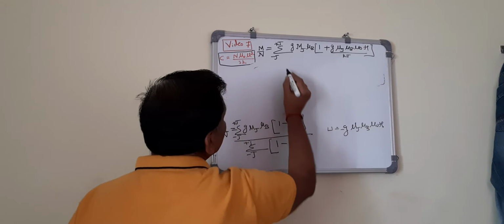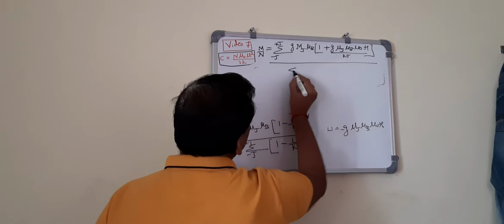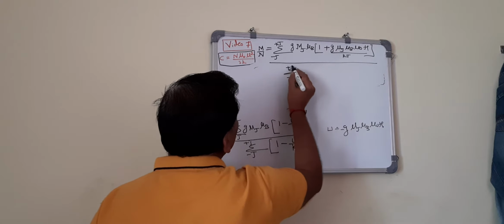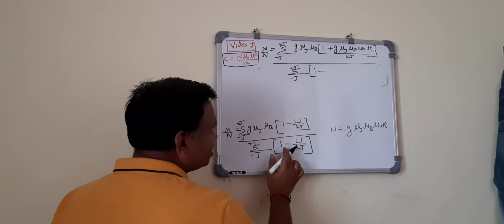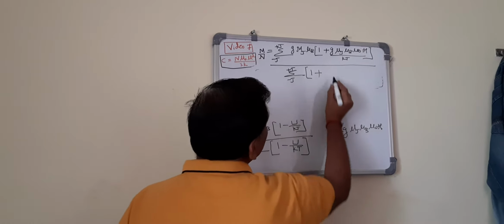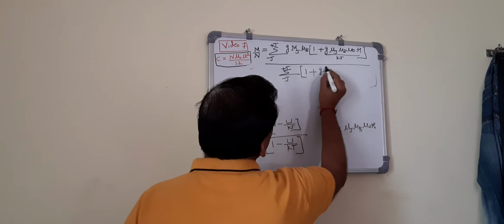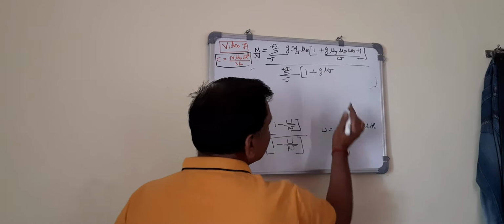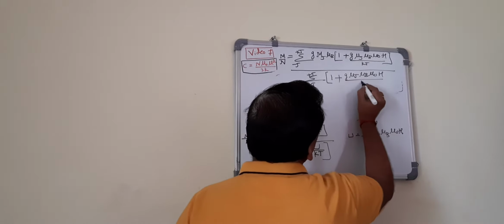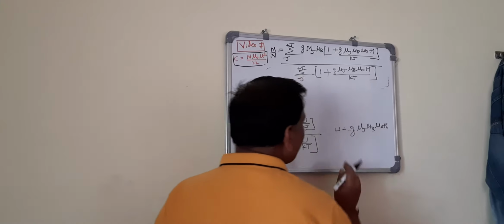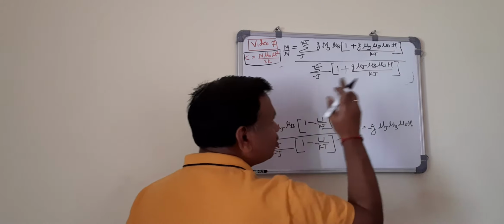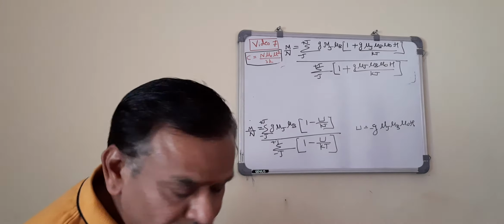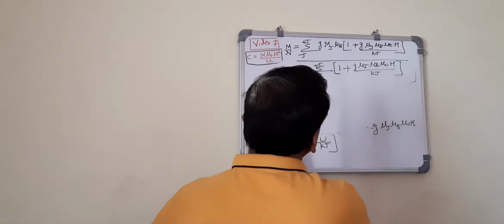This bracket comes divided by the summation from minus j to plus j of 1 plus g mj mu B mu naught H divided by kT. Students, consider that j is a subscript, B is a subscript, and naught is also a subscript. Now I will expand this term.